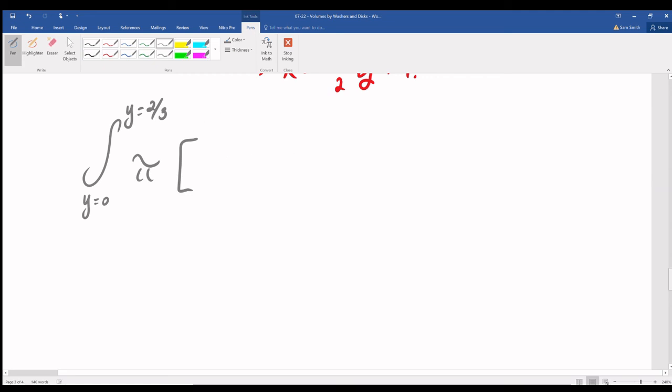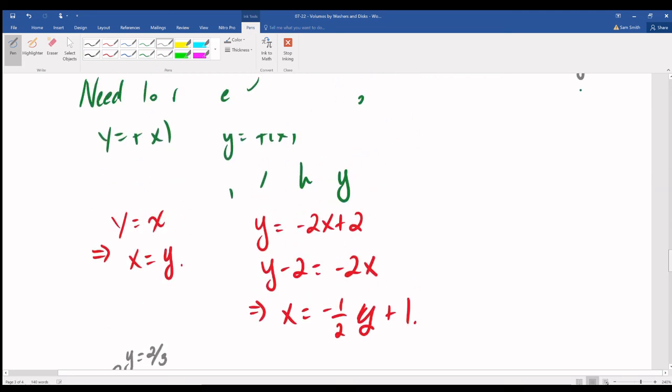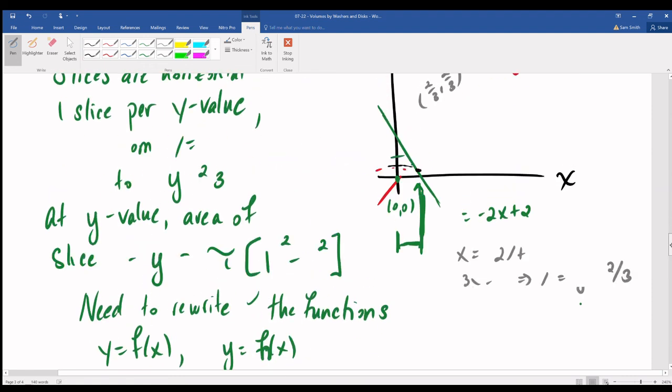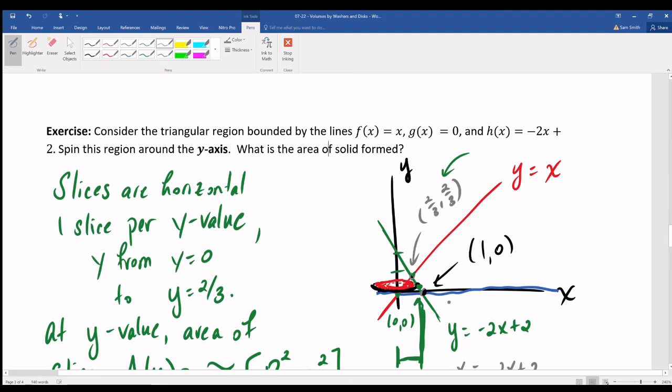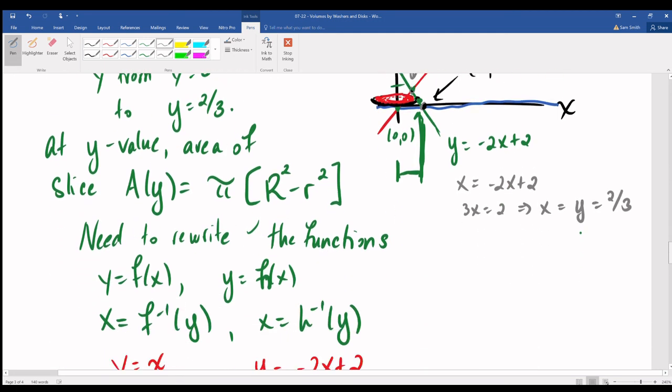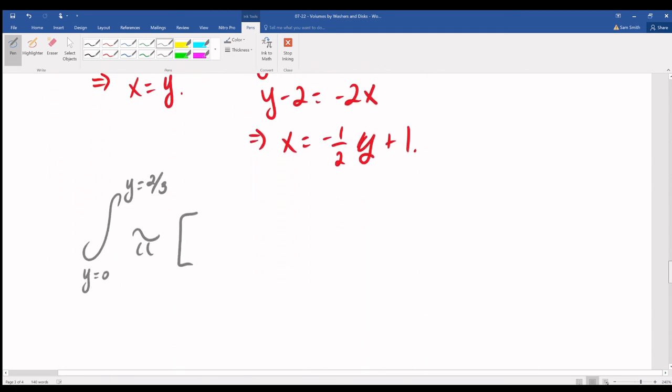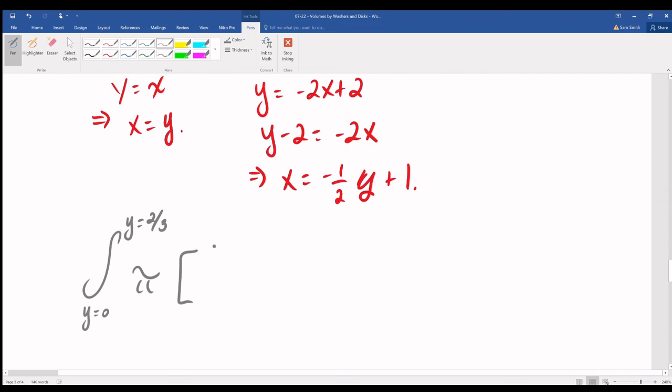Now be careful. I always go back and reference my picture. The outer radius is given to me by the green line y equals negative 2x plus 2, which turned into the function x equals negative half y plus 1.